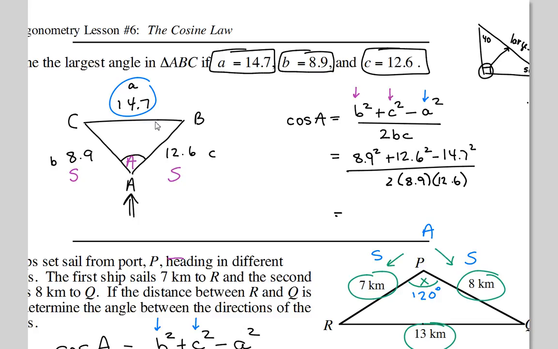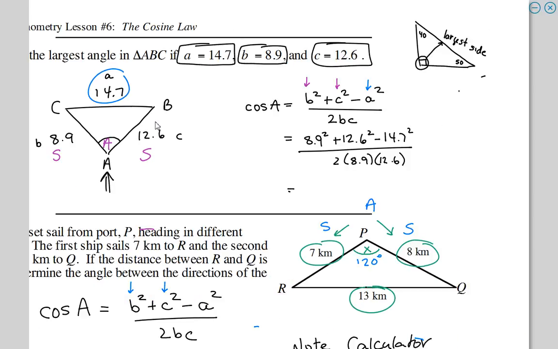I'll use this funky calculator here. 8.9 squared plus 12.6 squared minus 14.7 squared. So I got 21.88 on top. 2 times 8.9 times 12.6. I got 224.28 on the bottom. So do them separately.